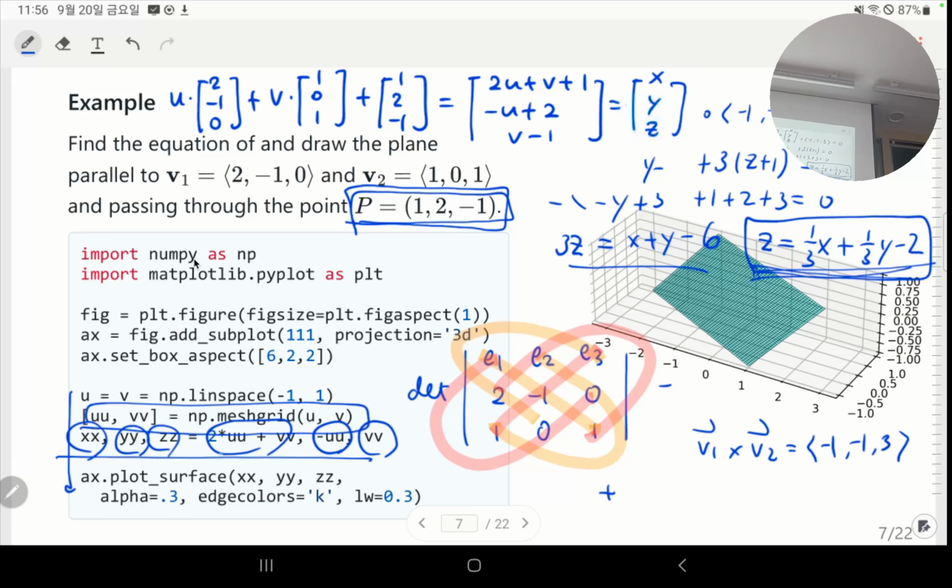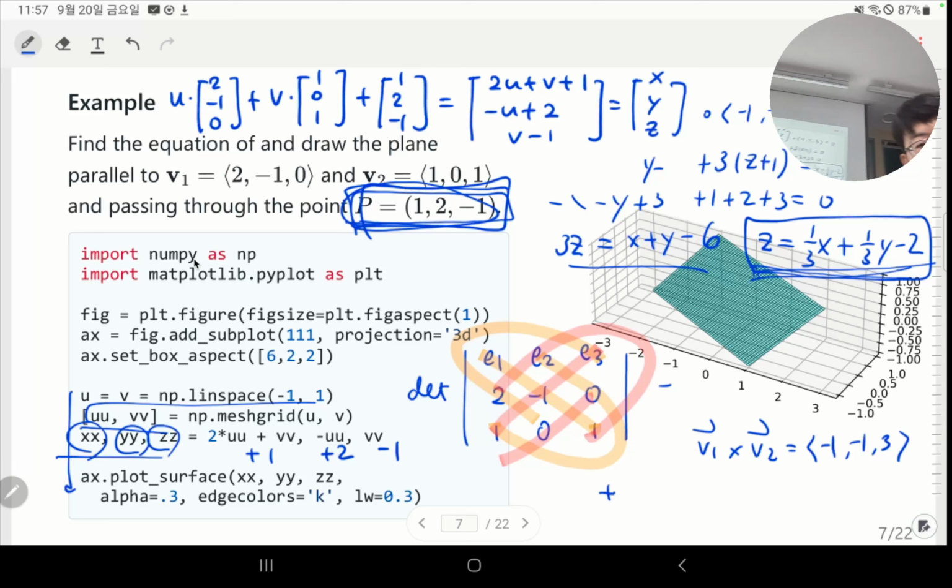So that's what I did here. As I said, I forgot to shift the point by this much, so I have to add plus 1, plus 2 and minus 1 here. So then I get the same plane, the same equation of the plane, but parameterized differently.